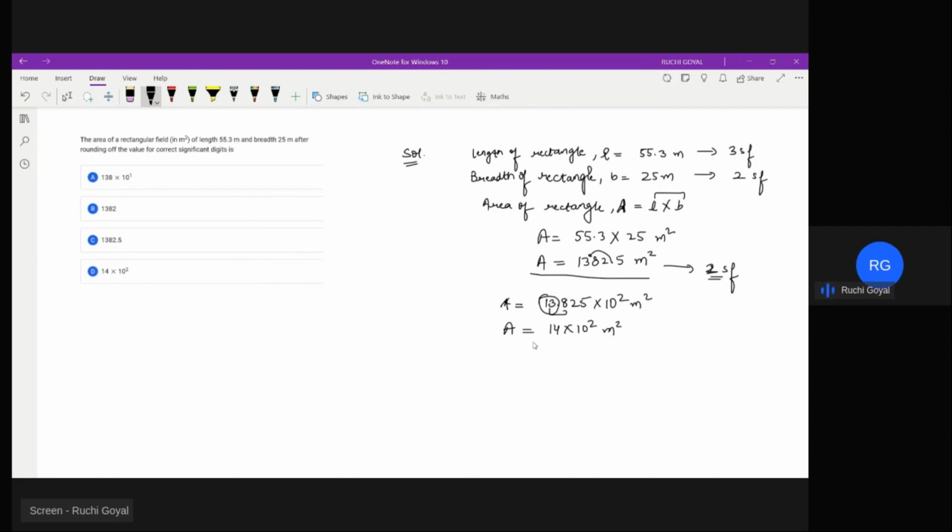So A is equal to 14 into 10 raised to power 2 meter square. The power of ten is not counted in significant figures, and from here we can see it has two significant figures. So the answer is 14 into 10 raised to power 2 meter square. Correct? So this is about significant figures.